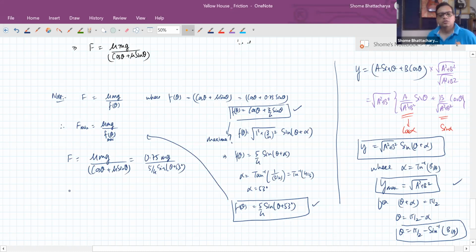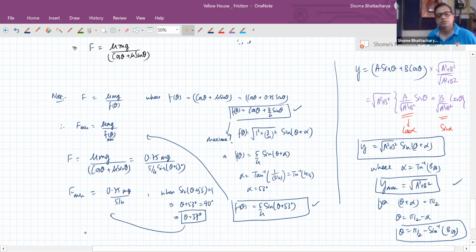Okay, so the minimum value of this will become this much when sine of theta plus 53 is 1, so that means theta is 37 degrees.